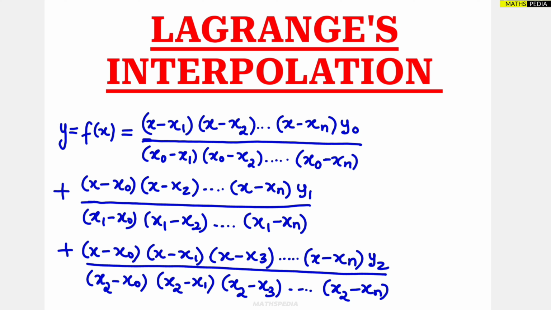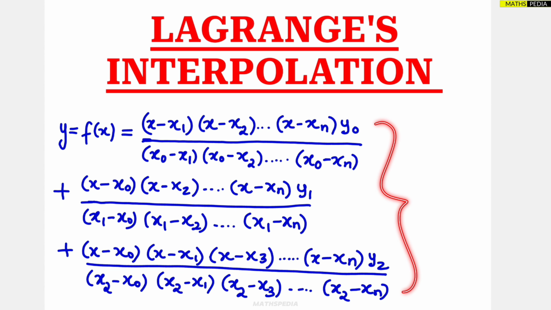Here I'm using the formula for y, right? Lagrange's interpolation formula, we are finding y values. In this formula itself, you can find x values also. That means if you change the variable x to y, you can arrive at the x value as well. Okay, so here we are using the y value. When you are applying it to get the answer for x, then you have to understand that it is the inverse interpolation formula, Lagrange's inverse interpolation.